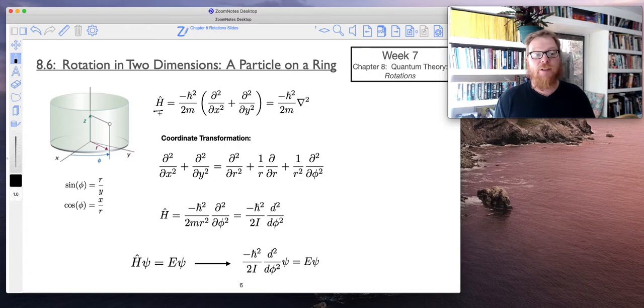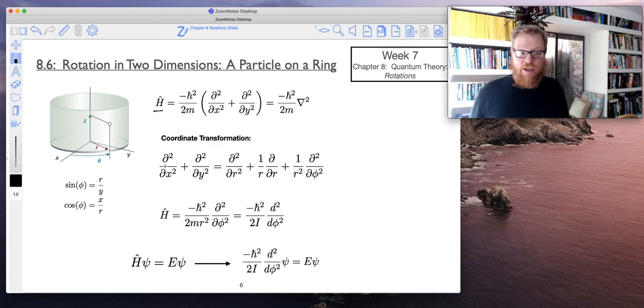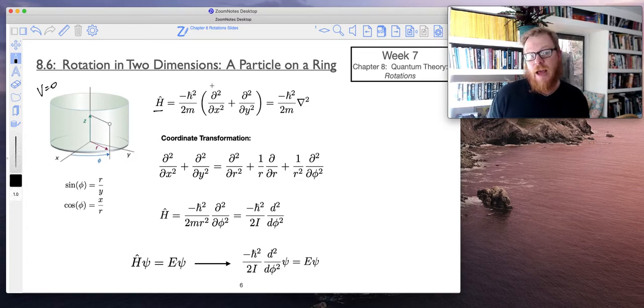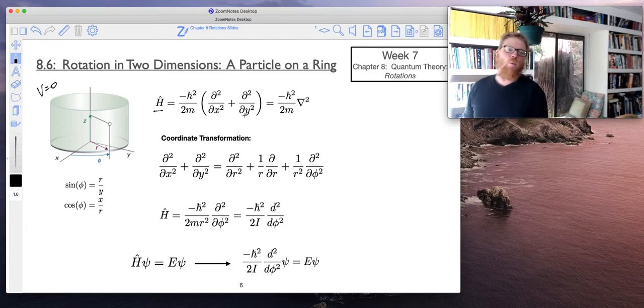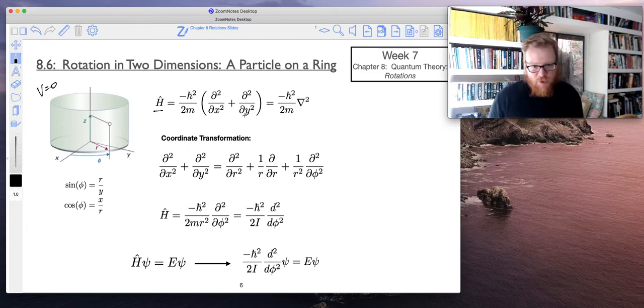So when I start to build up my Hamiltonian for kinetic energy, because V equals 0, we're only worried about kinetic energy. So that's negative h bar squared divided by 2m times the partial second derivative in x plus the partial second derivative in y. And this is the exact same thing that we did with the two-dimensional particle in a box.